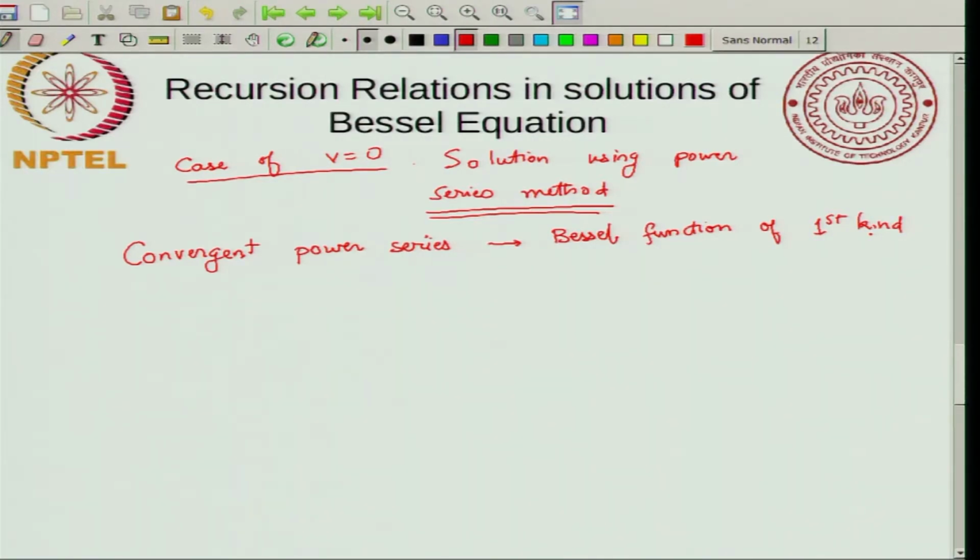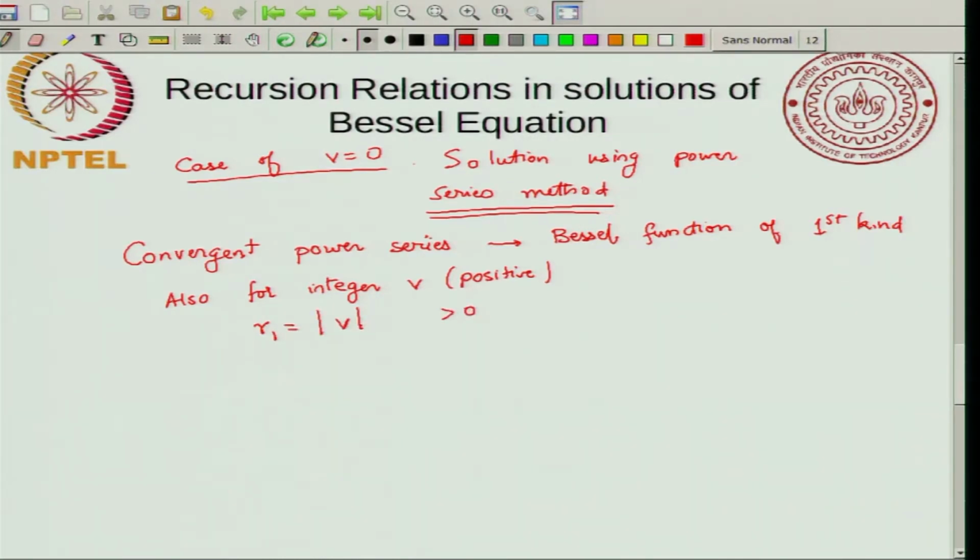So how do we understand this? The case when v equal to 0 is referred to as the Bessel function of first kind. Also for integer v, that is a positive integer, so the positive root, when you take R1 equal to v greater than 0, you take the absolute value of v.